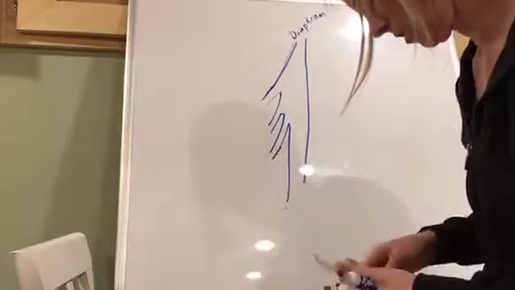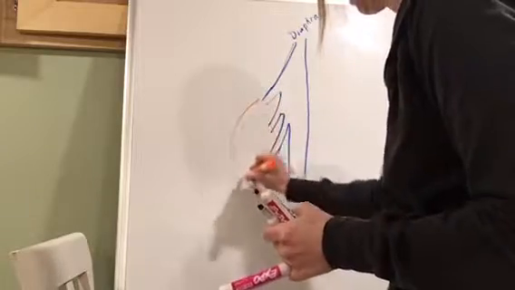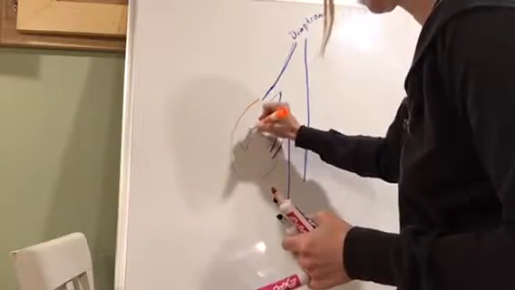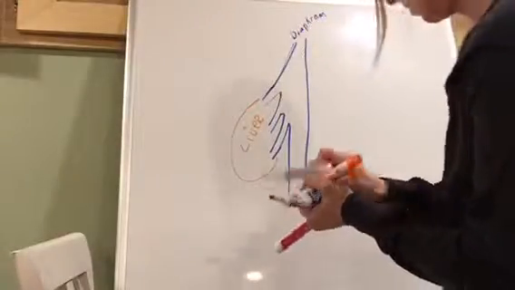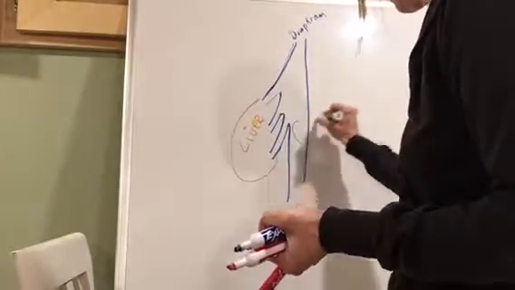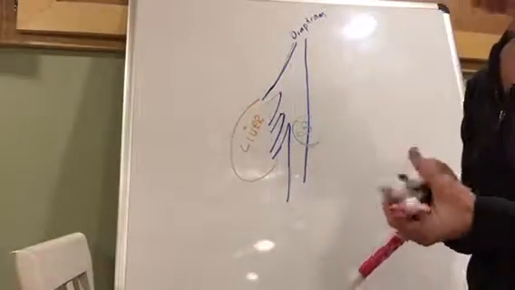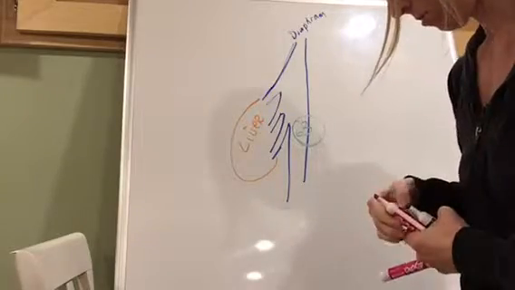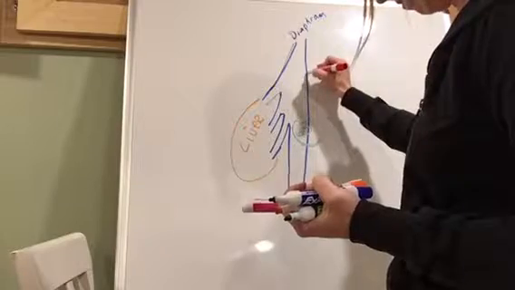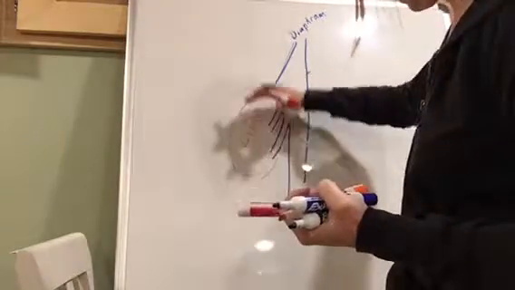And here is where your liver is. And here's all your ducts going to your liver. Here is where your gallbladder is in the middle of all this. And let's draw some arteries. So there's all your veins. Hepatic vein.